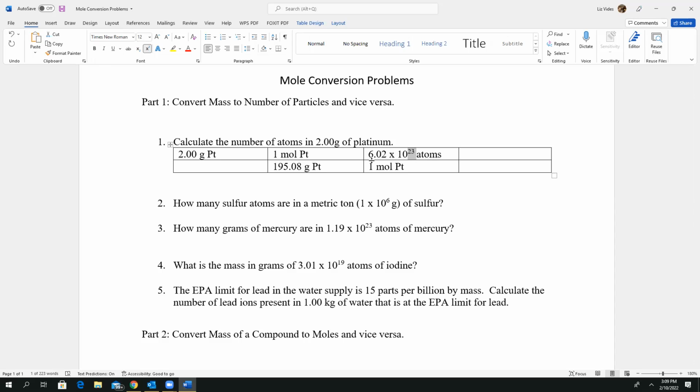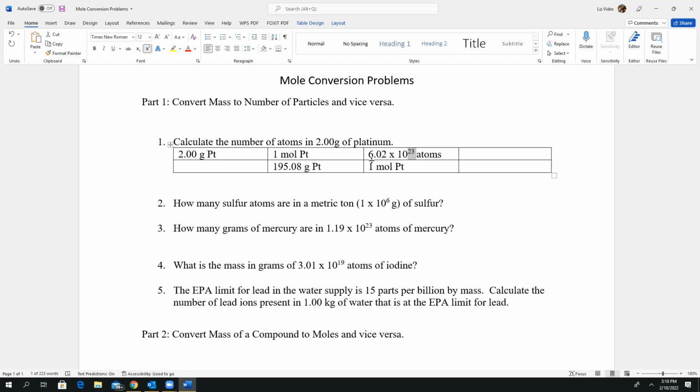Hold on, let me get my calculator. All right, here we go. All right, so when you multiply, you would multiply 2 times 6.02 and divide it by 195.08.